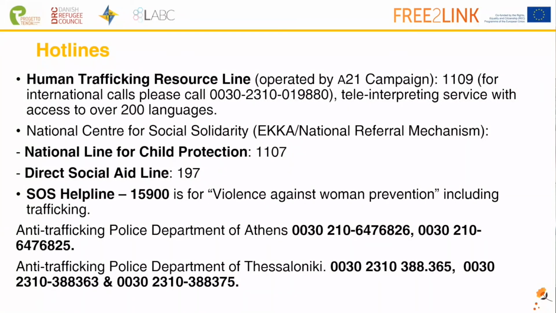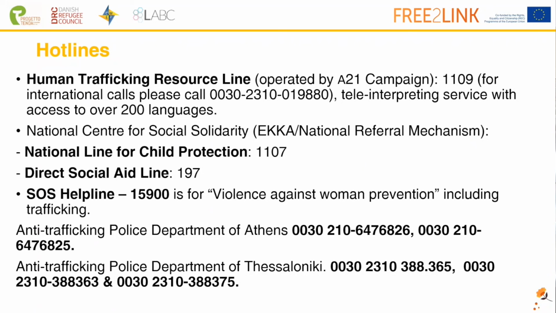We have the National Center for Social Solidarity, EKKA. Under EKKA, we have the national referral mechanism, which I am going to refer to in a bit, and there are two lines. One line for child protection, not targeting trafficking incidents exclusively, but all child protection incidents. And we have the direct social aid line.